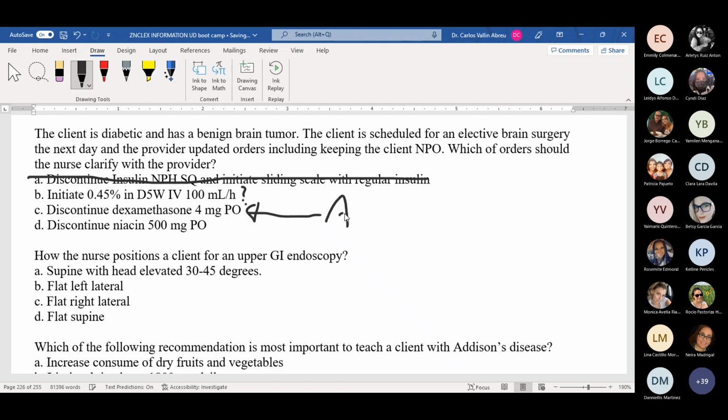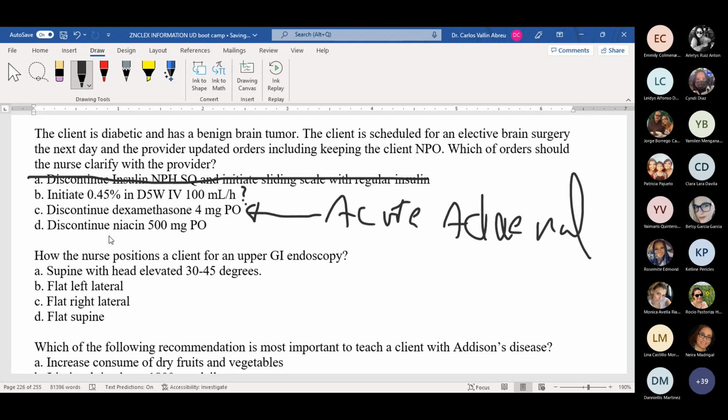So acute adrenal crisis is something to fear in this patient if the dexamethasone has been discontinued suddenly, because it's true the patient is going to surgery and should not be taking an oral medication.